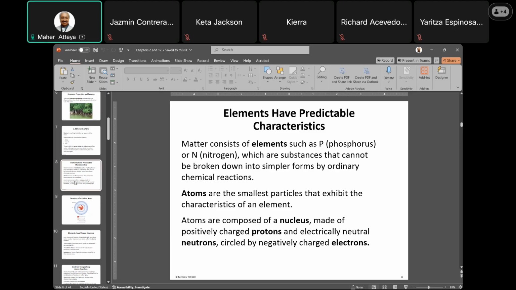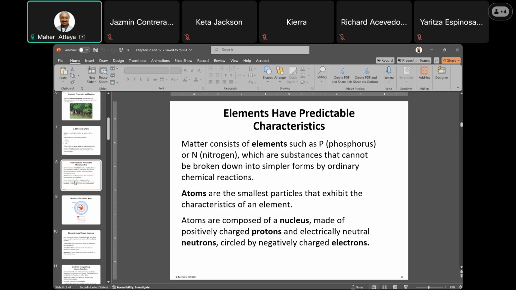So we have matter, then under matter we have pure substance, and under pure substance we have elements. Under the element we have atoms. If we bombard these atoms with nuclear neutrons to break them down, we'll find that atoms are made of protons inside the nucleus, the center, plus neutrons, which have no charge.